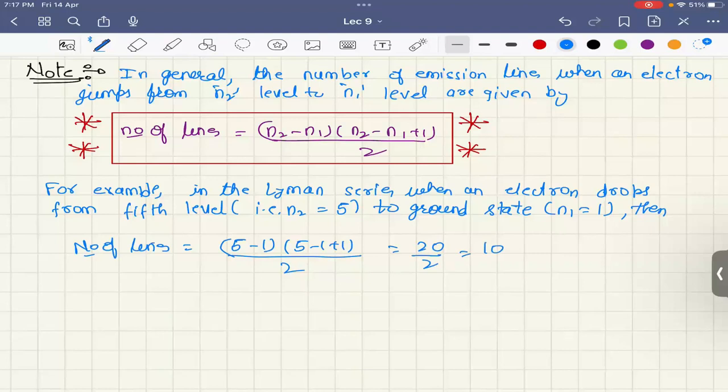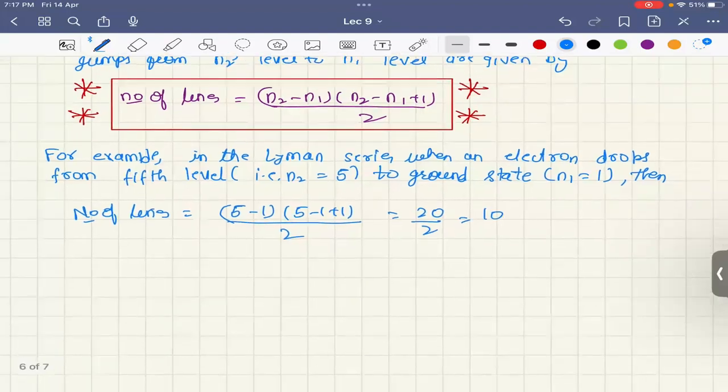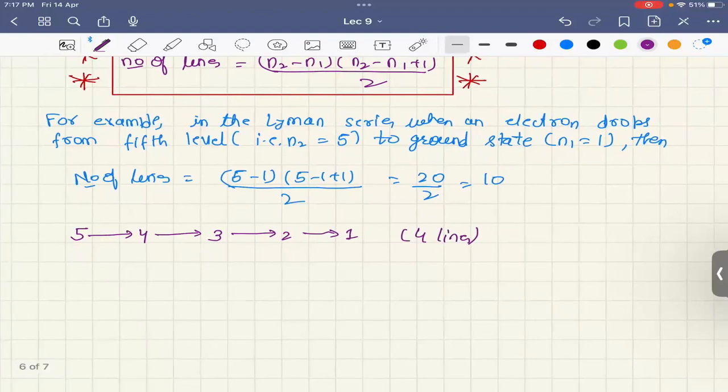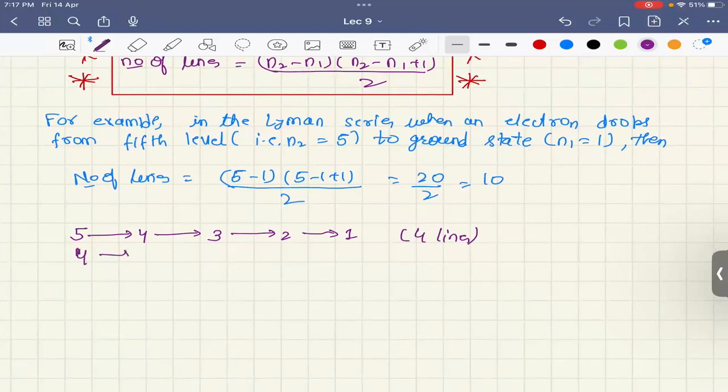And how would these lines be? These lines would be in the following manner. Let's say it's at 5. It will go from 5 to 4, then 4 to 3, 3 to 2, and 2 to 1, right? So these are 4 lines. Let's say it's at 4: 4 to 3 it will go, then it can go 4 to 2 or 4 to 1.